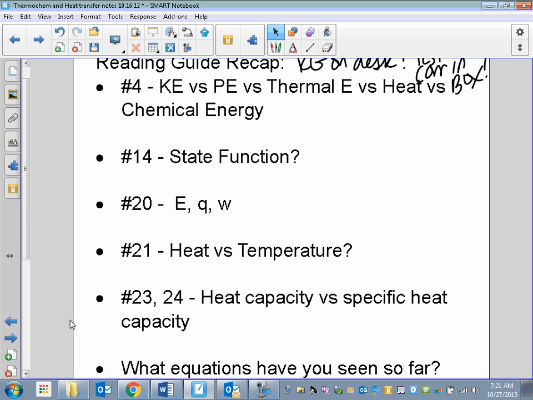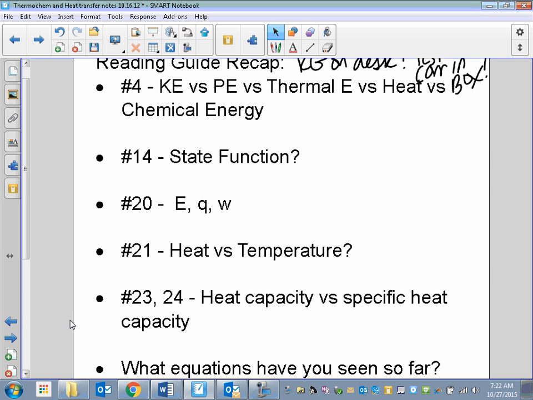Next, thermal versus heat. Thermal energy is the energy associated with the temperature of an object, and heat is the flow of energy from the temperature difference. Is heat a thing? Is it tangible? Not really. It's a movement of energy, right? But thermal energy, we're saying it's related to the temperature. Temperature is directly related to kinetic energy, right?